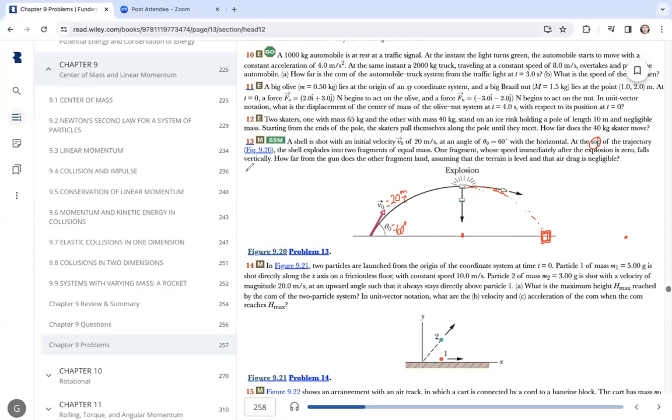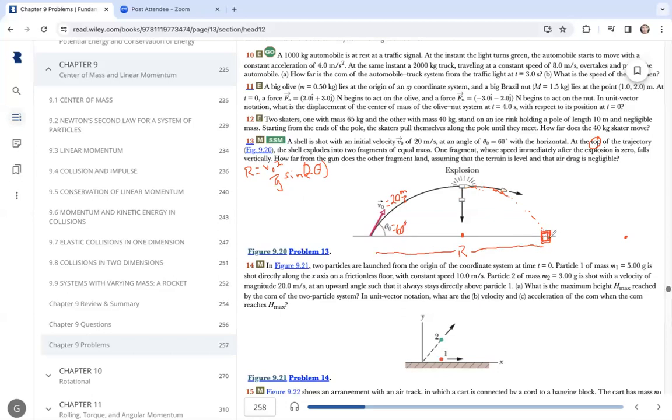So if you remember this equation, R equals V naught squared over G sine 2 theta. Okay, that would tell us what this value should have been.